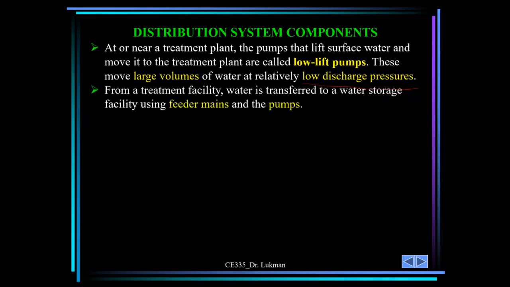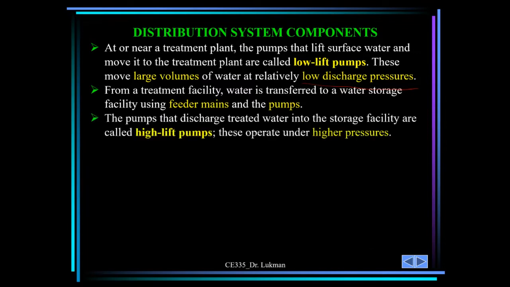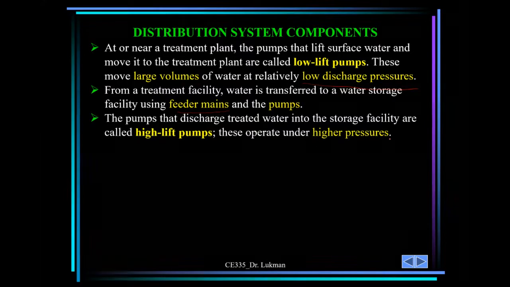From a treatment facility, water is transferred to a water storage facility using feeder mains and pumps. Okay, and these are the pumps that transfer water from the treatment facility to the feeder mains. Feeder mains here may refer to the distribution system, the storage facility, and all that. The pumps that discharge treated water into the storage facility are called high lift pumps because they operate under high pressures.